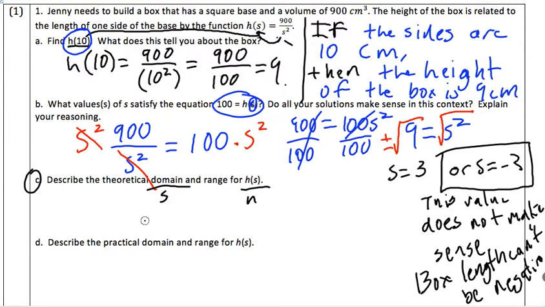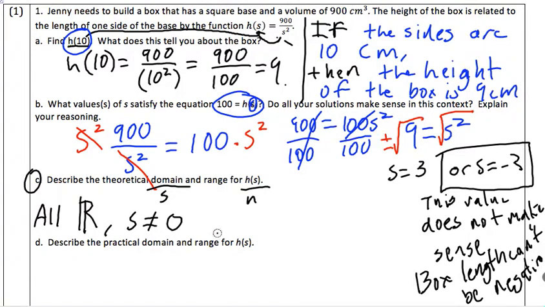So for our theoretical domain, s can be all real numbers, and we have our symbol for real numbers, all real numbers, s not equal to 0. Theoretically, we could plug in any number we wanted. You can plug in a positive number, you can plug in a negative number. The only thing you can't plug in is 0 because you'll divide by 0.